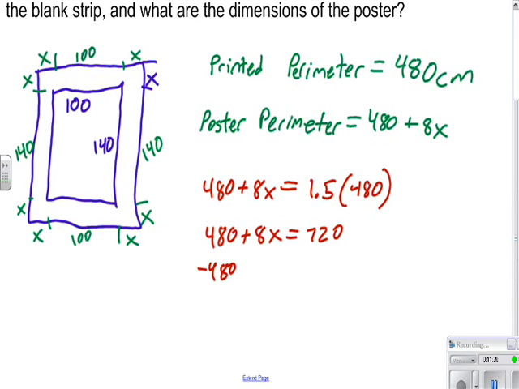Subtract 480 from both sides. We have 8x equals 240. Divide by 8, that will be 30.